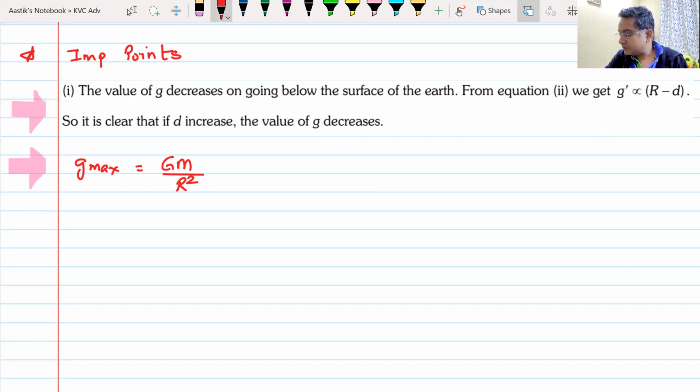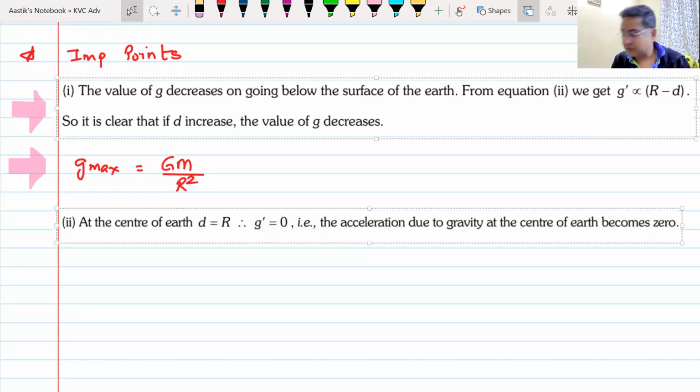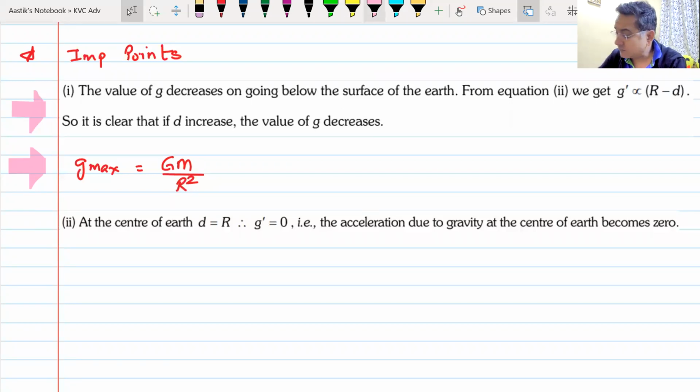Is it 0, sir? You can put d equal to R in the formula, and otherwise also you can understand that the value of g at the center of earth is going to be 0.